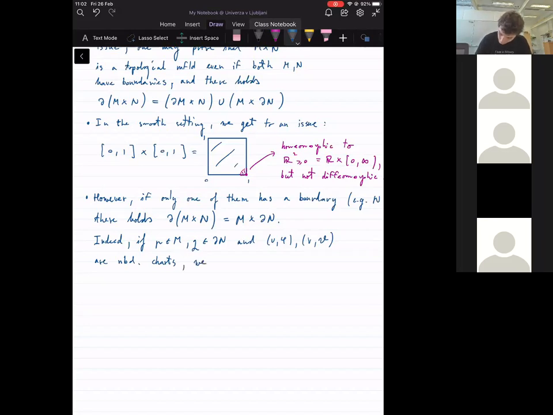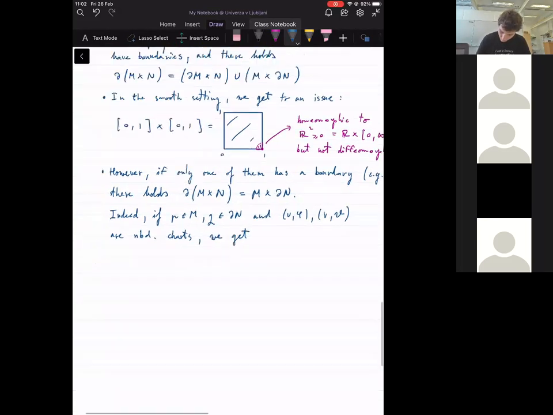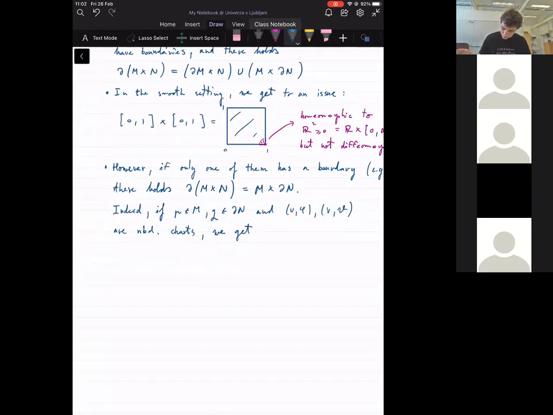What we get is that (phi times theta) of U times V is equal to phi of U times theta of V.